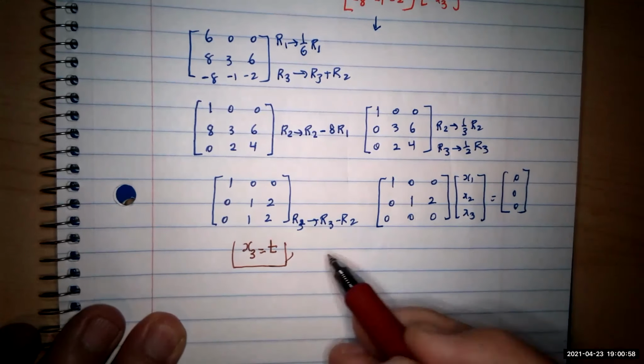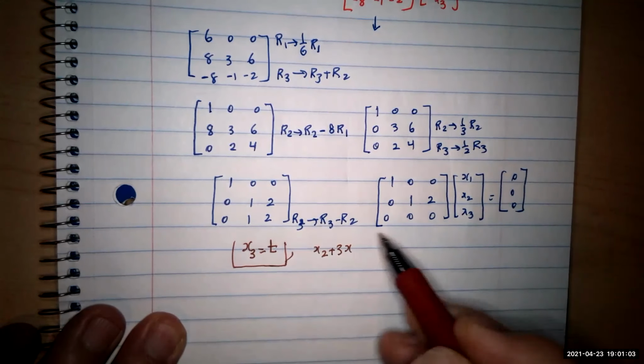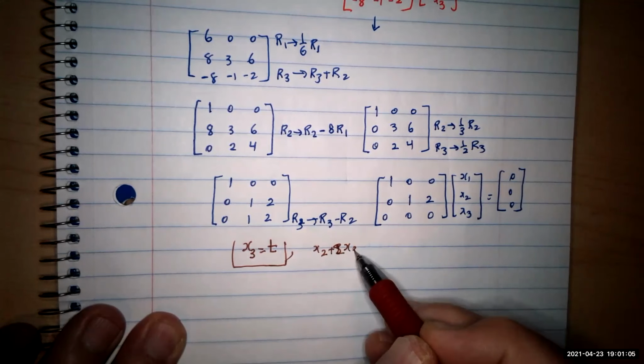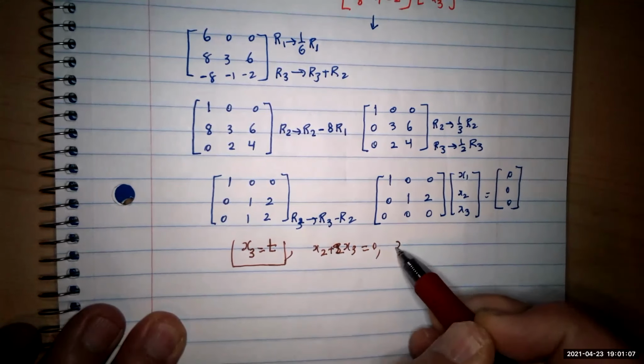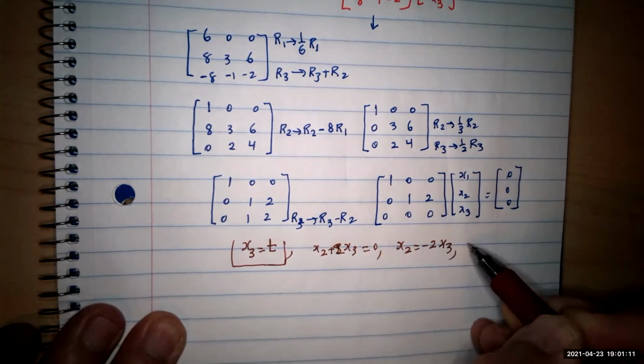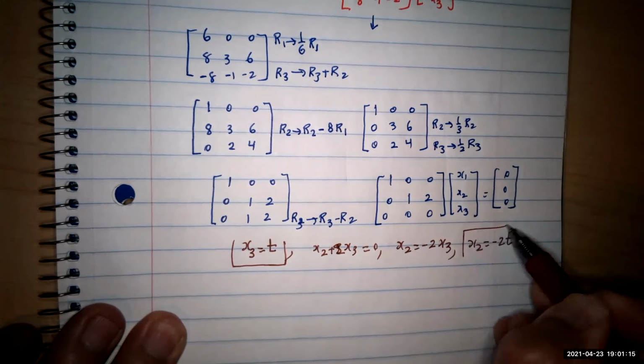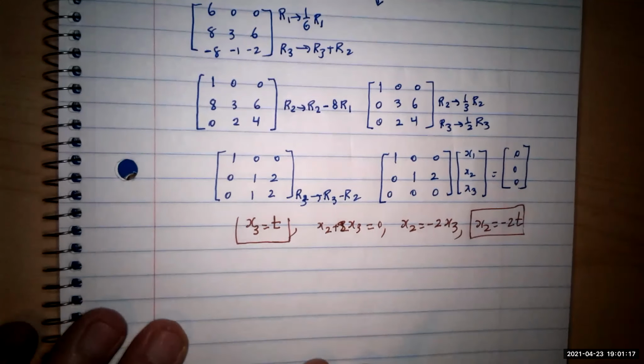From the second one, you have x2 plus 2x3 equal to 0. So your x2 is going to be negative 2x3. That gives you x2 equal to negative 2t.